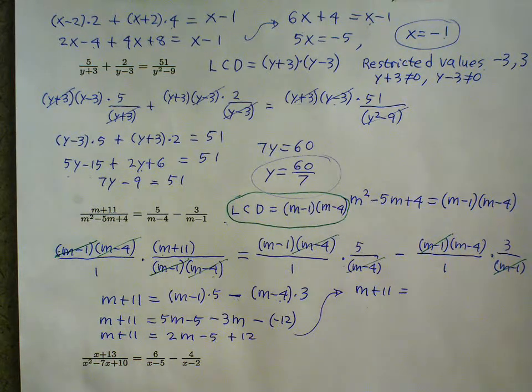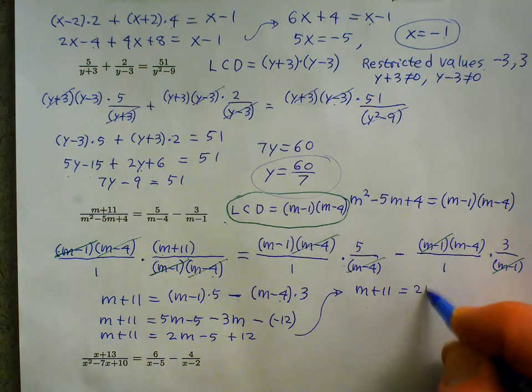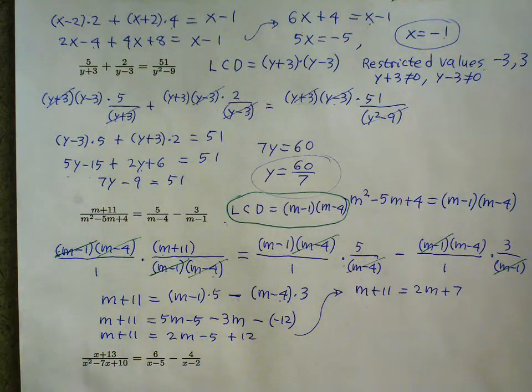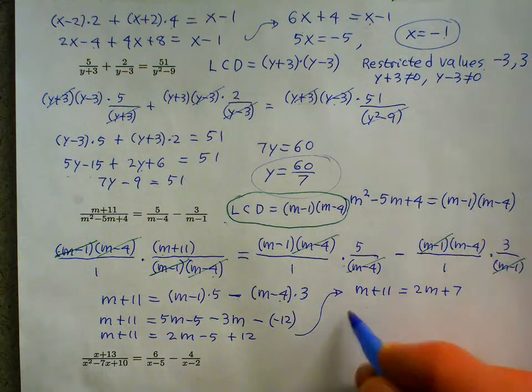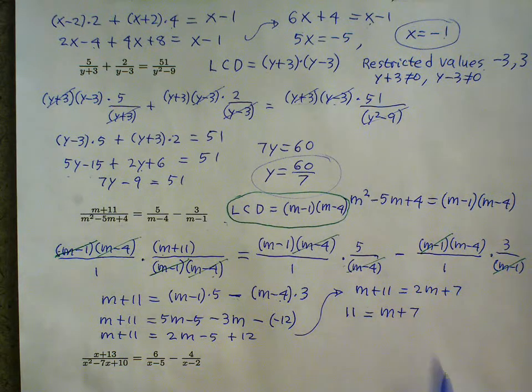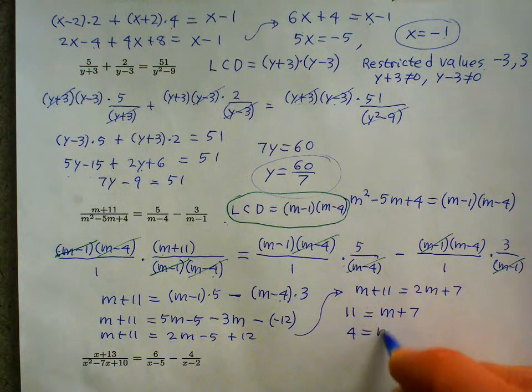And on the right-hand side, 2M minus 5 plus 12 is 2M plus 7. All right, we can subtract M from both sides, we get 11 equals M plus 7. And then subtract 7 from both sides, we get 4 is equal to M, or M is equal to 4.